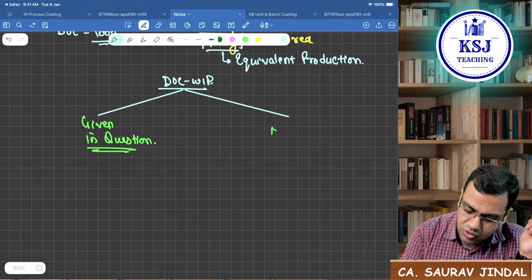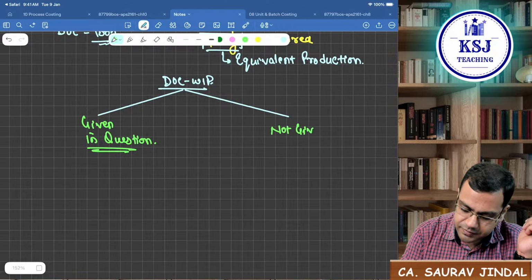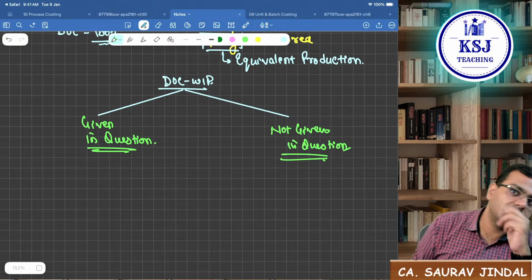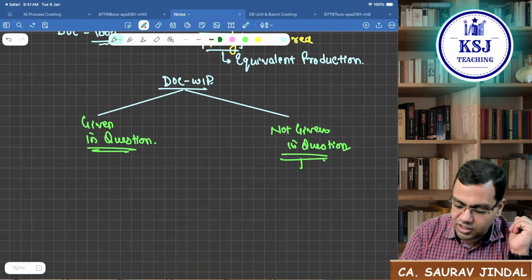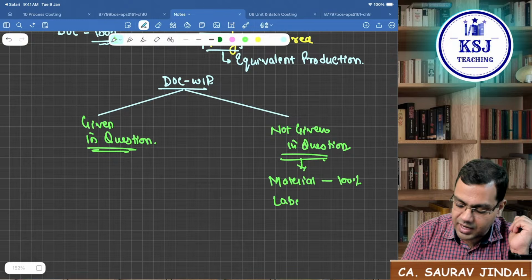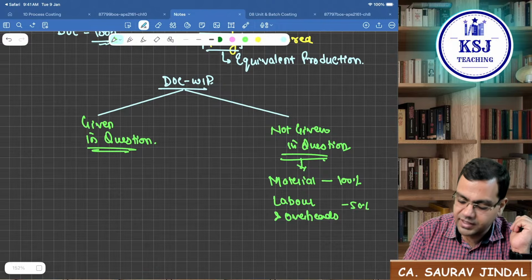If it is not given in the question, then what degree of completion do we have to take? If it is not given, then the degree of completion that we'll take is 100% for material, and for labor and overheads, we'll take 50%.